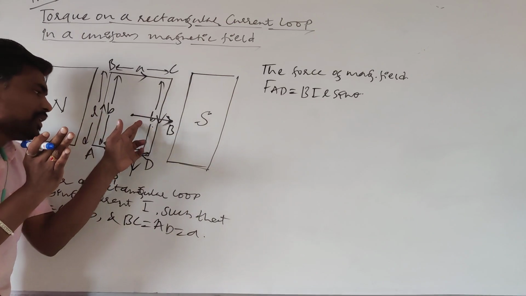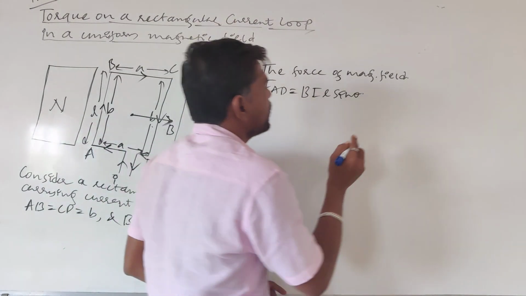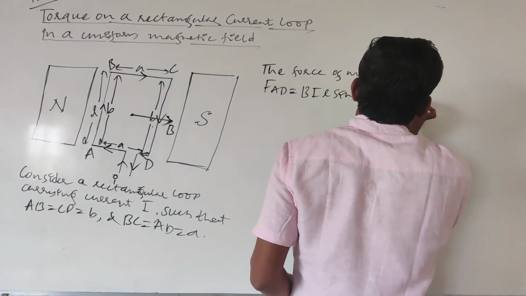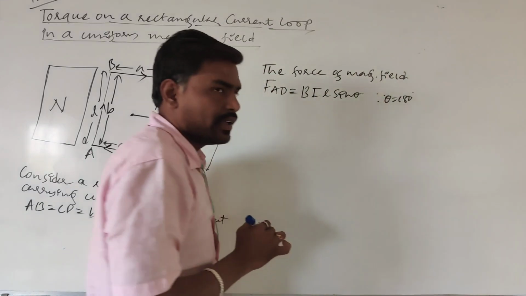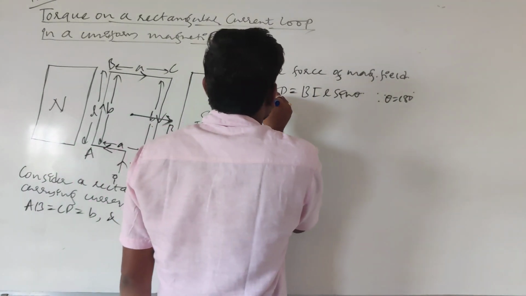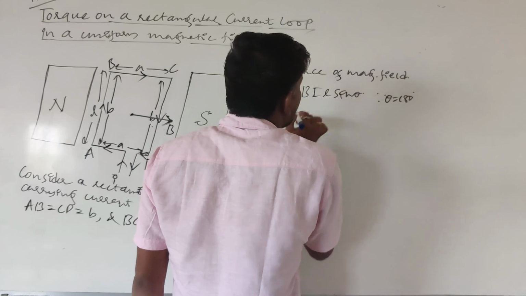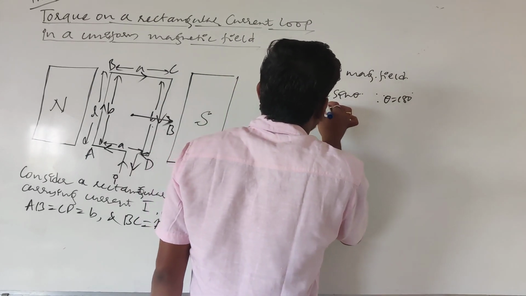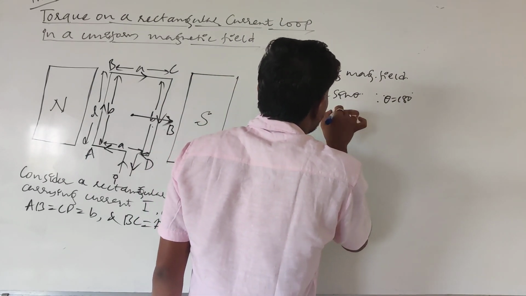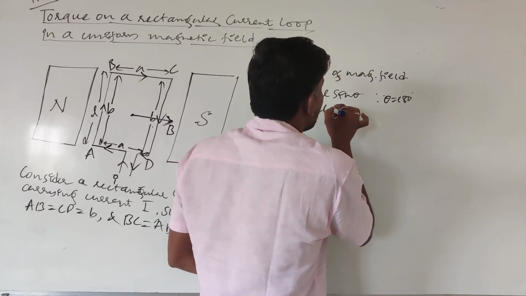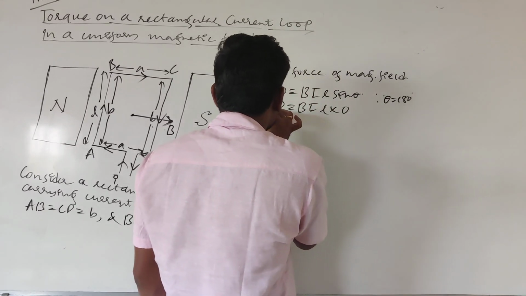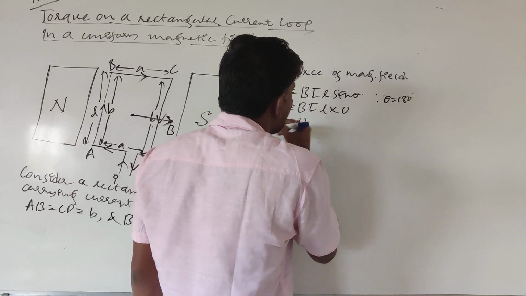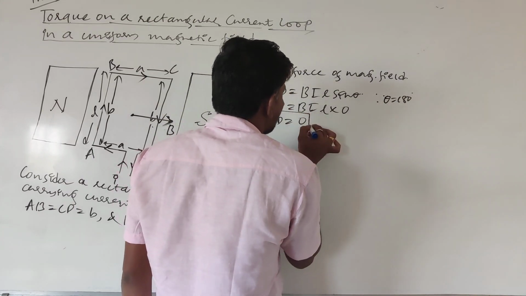Then the angle between them, how much is it? Theta is equal to 180 degrees. So FAD is equal to BIL sin 180. Sin 180 means 0. So FAD is equal to 0. So this is the first force.